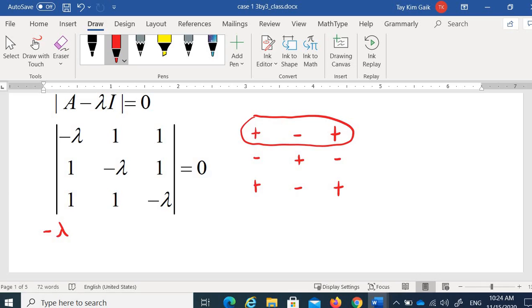If you take the first row, you cross out its row and column, leaving a 2 by 2 determinant: negative lambda, 1, 1, negative lambda.